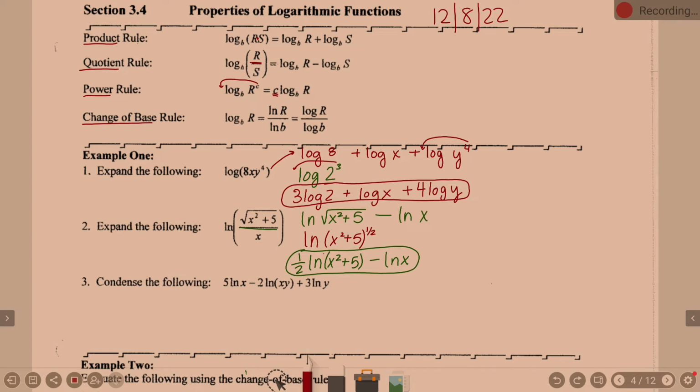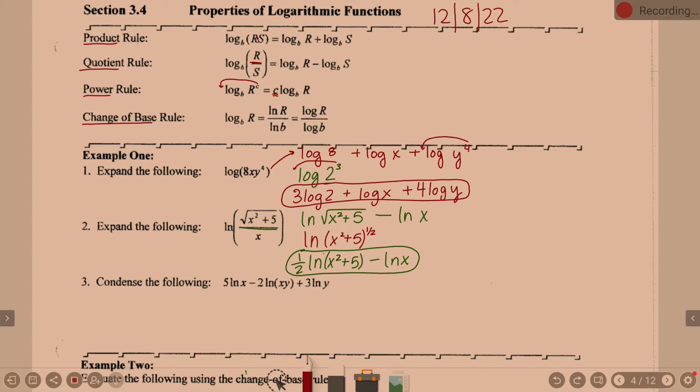Example 3. Instead of expanding, we're going to condense. So we're obviously going to have ln x to the 5th. Should we use the power rule first? Yes, basically reverse your steps from previous.